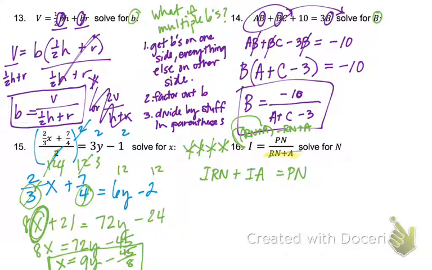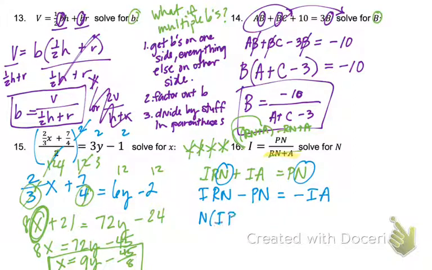So I want to get all of my n's on one side. IRn minus Pn equals negative IA. Or you could have just moved the IRn to the other side. Either way, does not matter. Factor out the n. Left with IR minus P, negative IA.